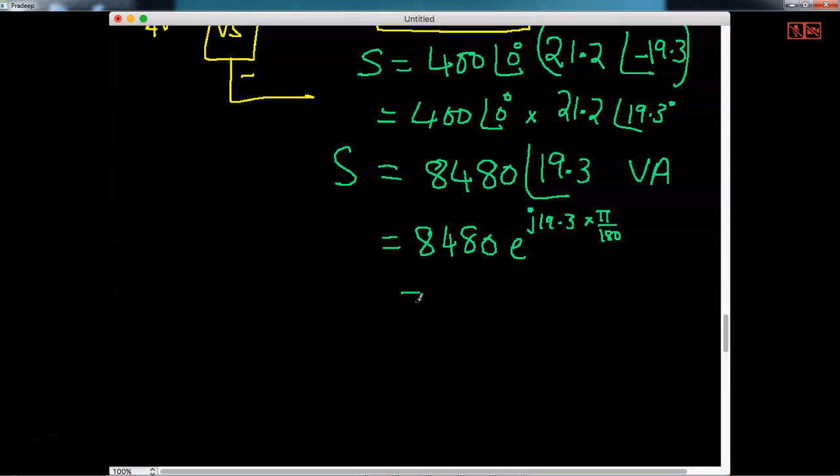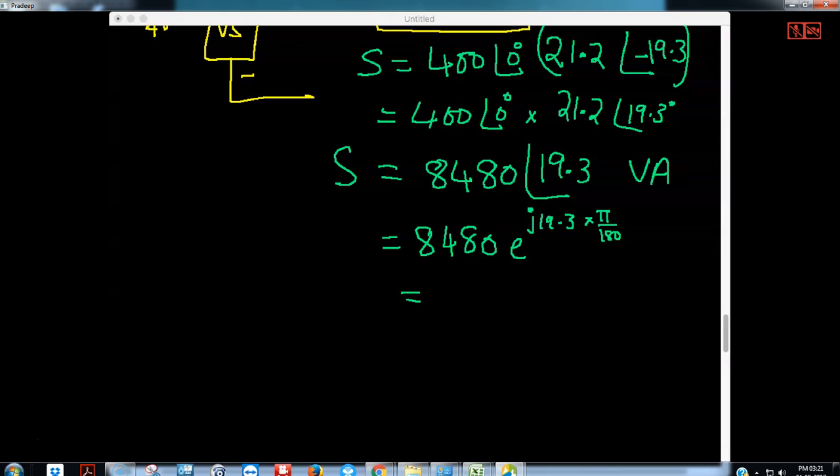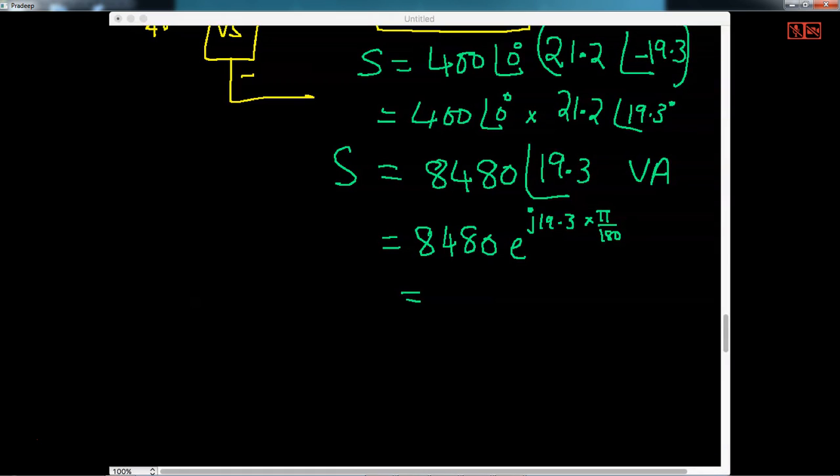So you will get 8003 plus j2802 volt ampere.